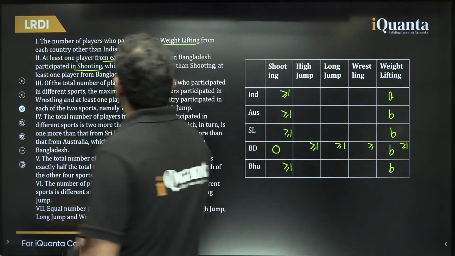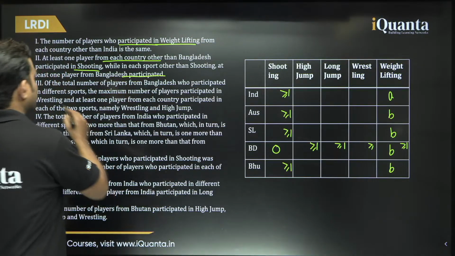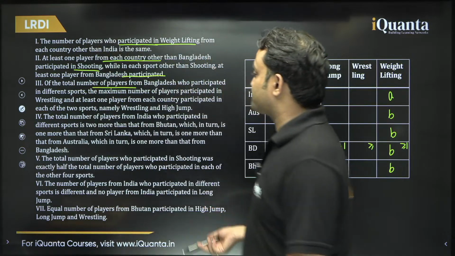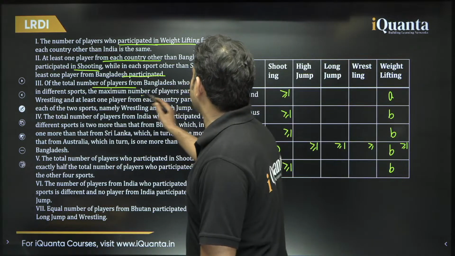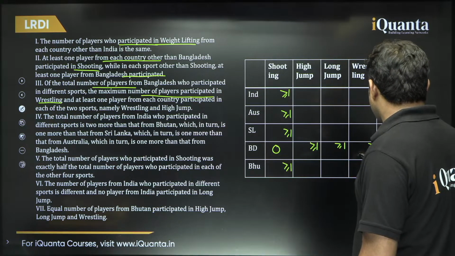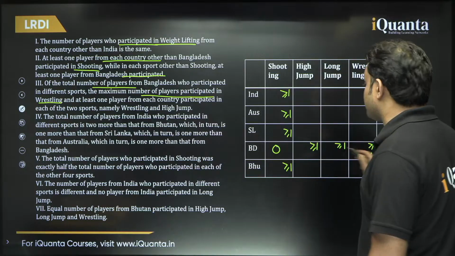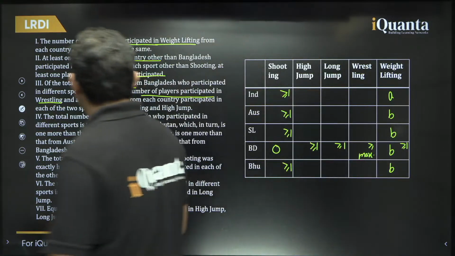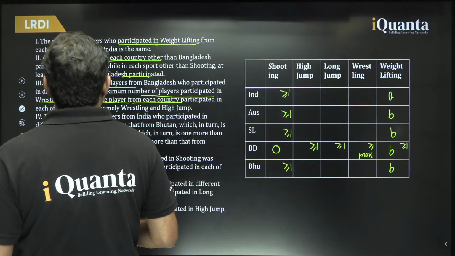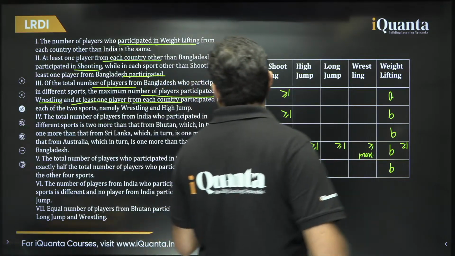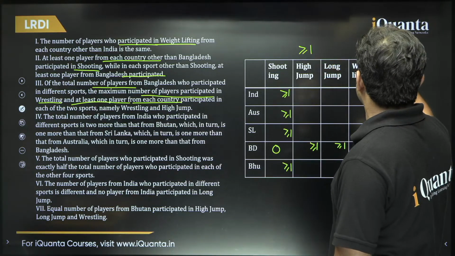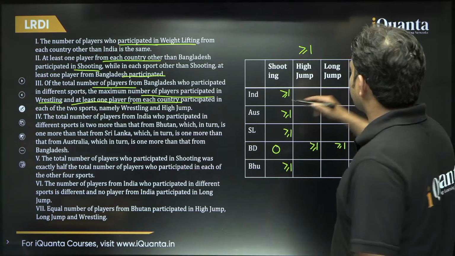Now, it says of the total number of players from Bangladesh who participated in different sports, the maximum number of players participated in wrestling. And at least one player from each country participated in each of the 2 sports, namely wrestling and high jump. In high jump, there is at least one player; in wrestling, there is at least one player from each country.